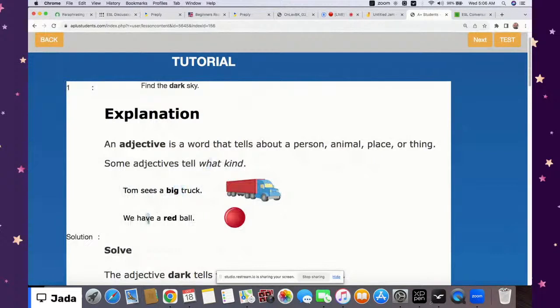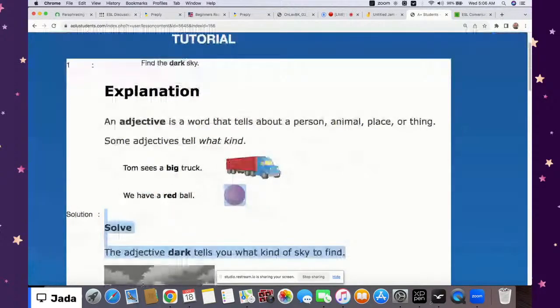We have a red ball, right? So if it's saying that some adjective tells you what kind, you're asking, oh, what kind of truck? You could say a red truck, right? This truck is red. So what kind? It's a red truck. Then we have a red ball. So what kind of ball is it? It's a red ball, telling us what kind of ball you can see or what kind of truck you can see.